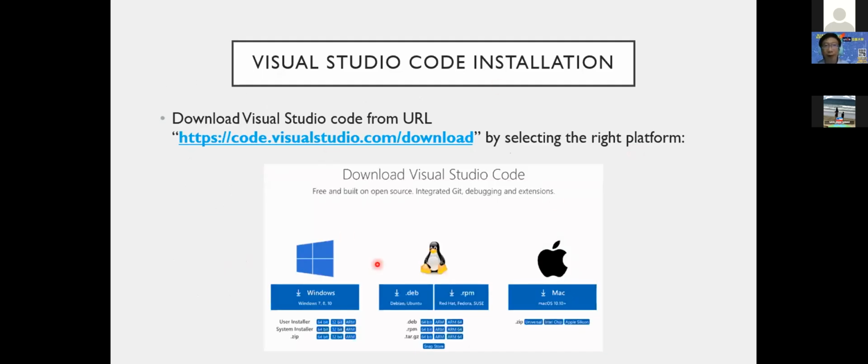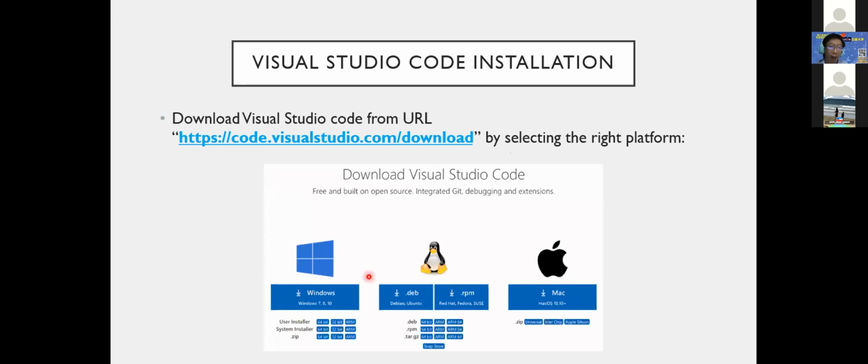So I'll just briefly go through the slides on the Visual Studio Code installation. You will download Visual Studio Code from this URL, code.visualstudio.com/download. When you go to this website, you can see this screen. You choose the version of Visual Studio Code that is suitable for your computer platform.